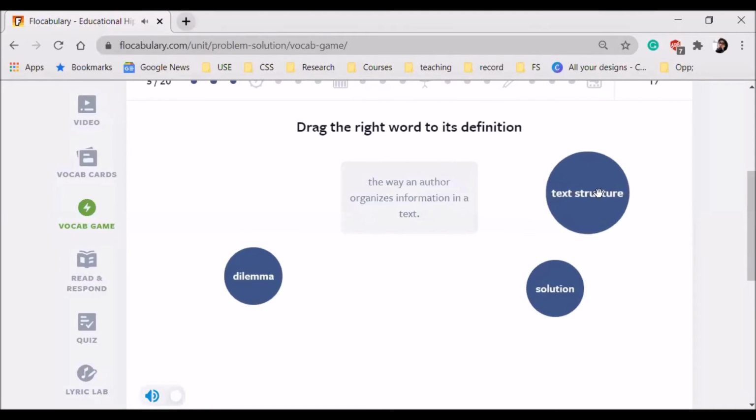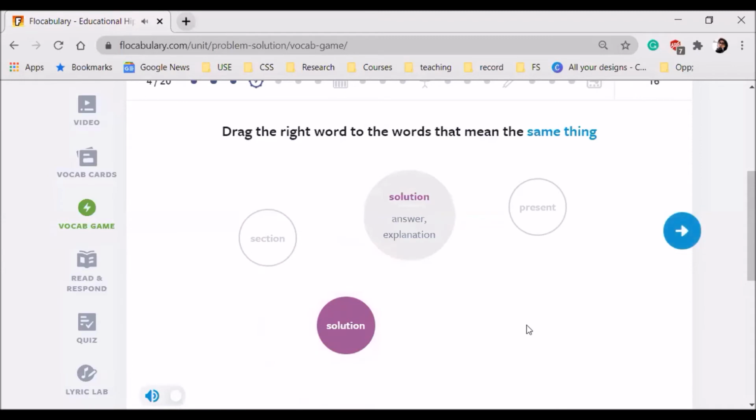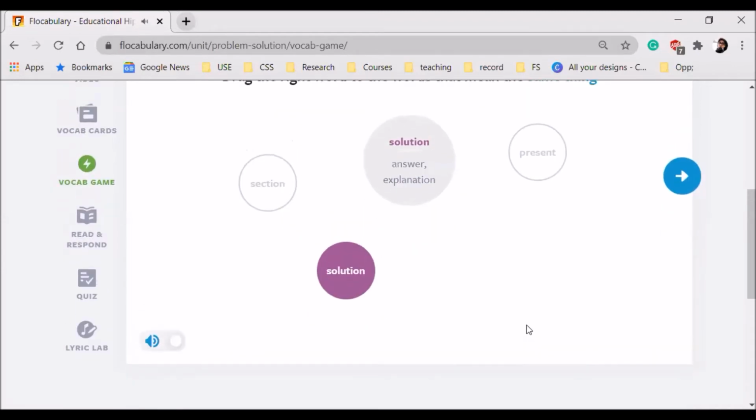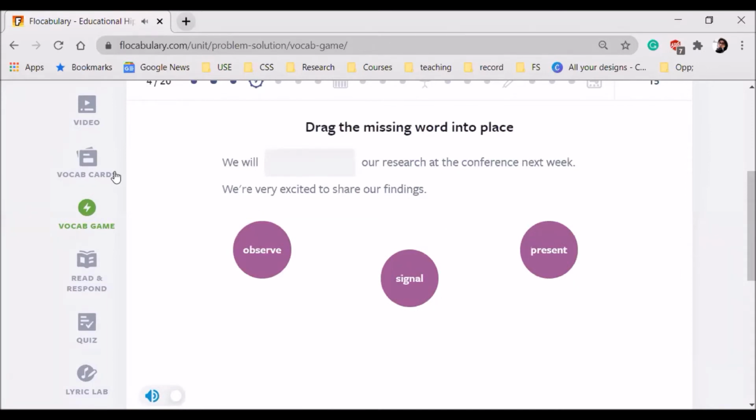Text structure. Okay, very good. Okay, that means the same thing, answer or explanation. Present. Solution. Okay, it was the other one, not present. Okay, direct the missing word.